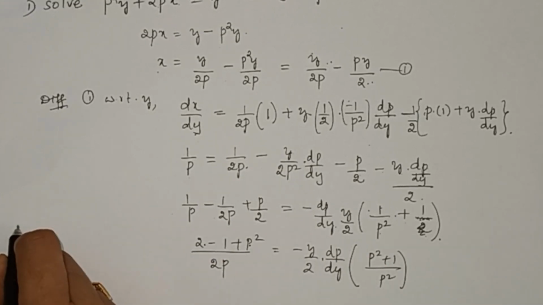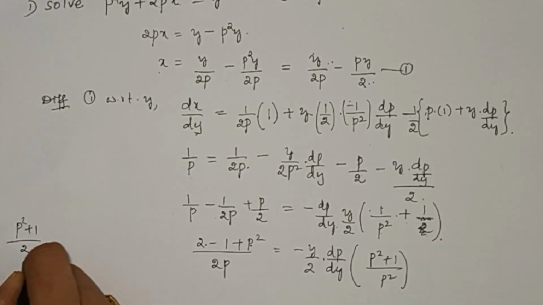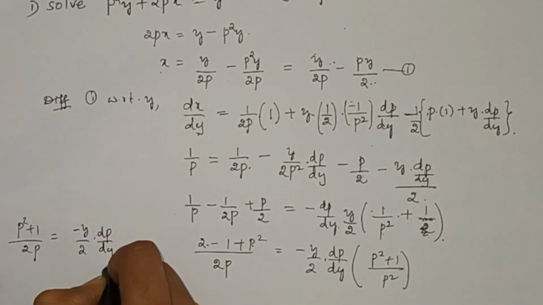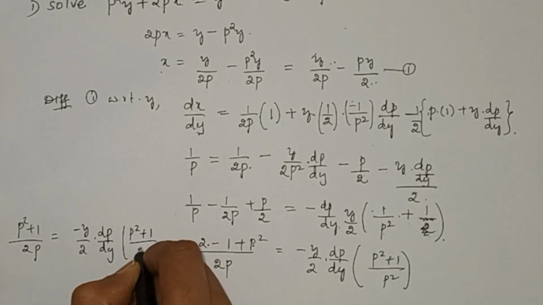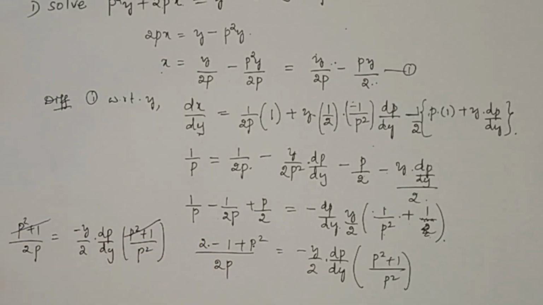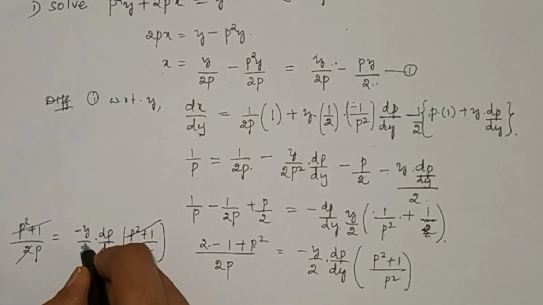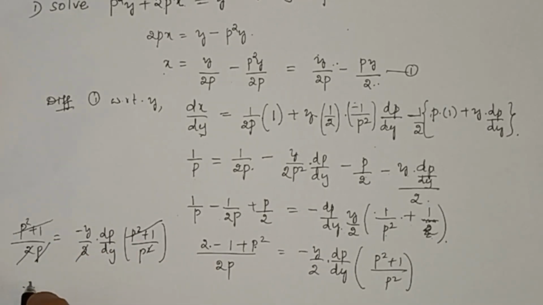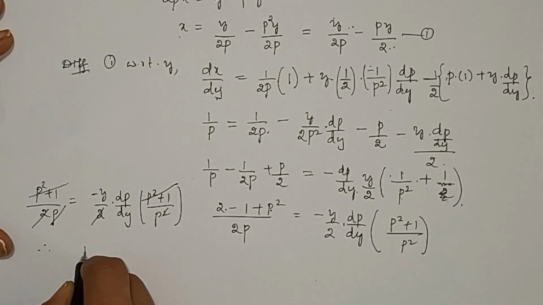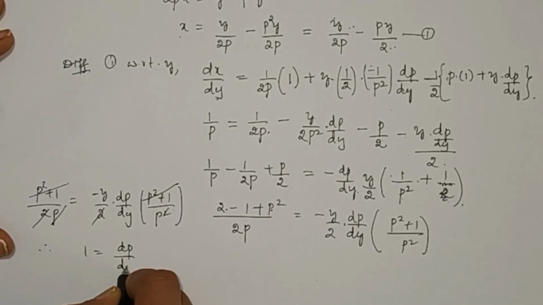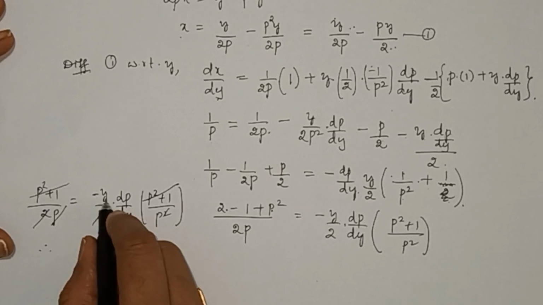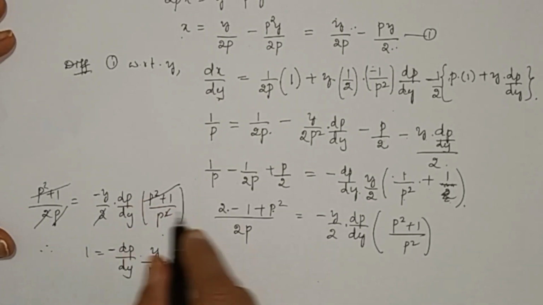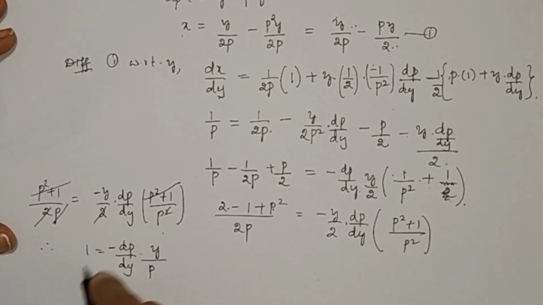So I'll write here, this is (p² + 1)/(2p) equal to -y/2 into dp/dy into (p² + 1)/p². So p² + 1 and p² + 1 cancel, 2 cancels in the denominator, one p cancels. Therefore, finally you are left with 1 equal to -dp/dy, along with one y here and one p here. Rest all got cancelled. Now cross multiply.